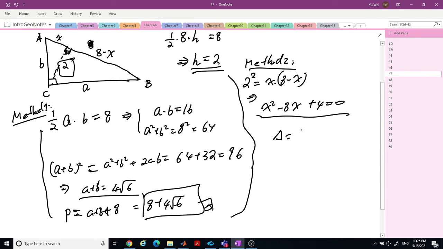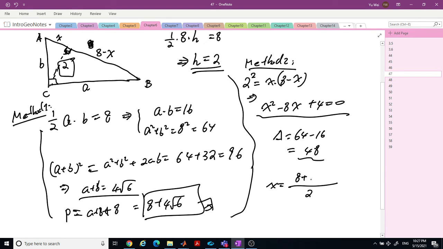So the discriminant is 64 minus 16, which is 48. So see, you still need the basic algebra, right? How to solve quadratic equations. Then it is 8 plus minus, it doesn't matter because plus is this one, the minus is this one.